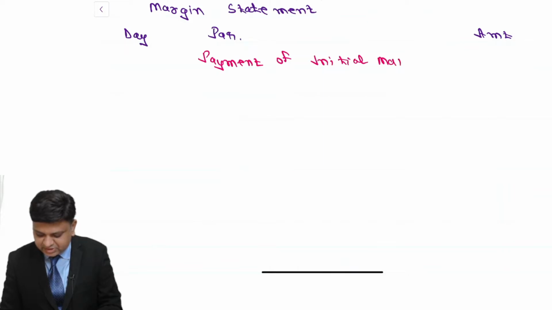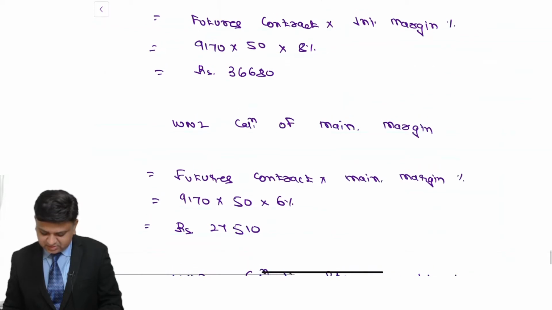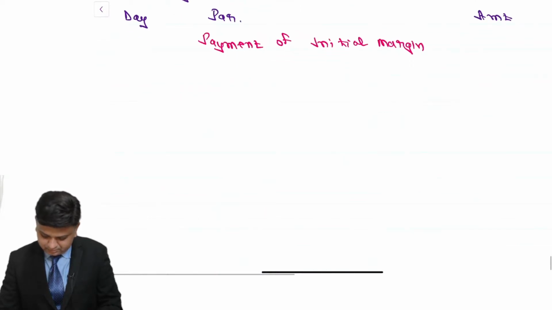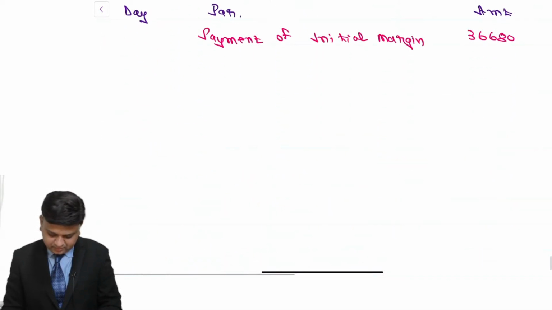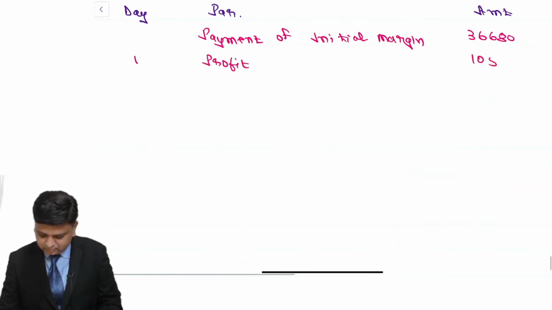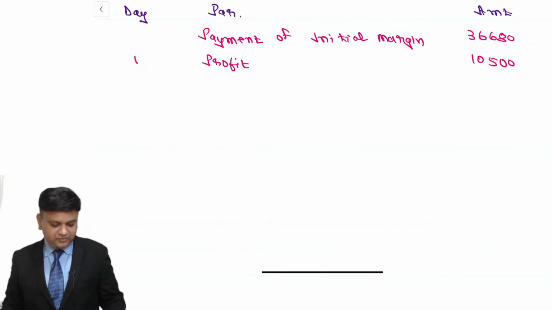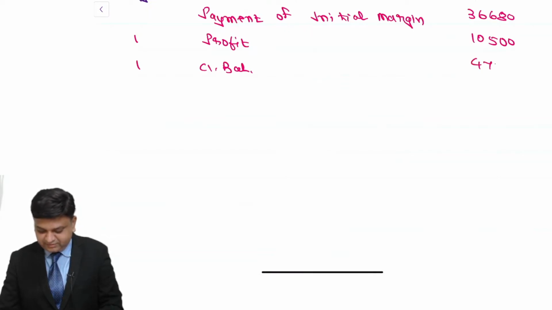When the contract is initiated, the amount of the initial margin is 36,680. On the first day, there is a profit of 10,500. So 36,680 plus 10,500. Closing balance at the end of the first day, 47,180.